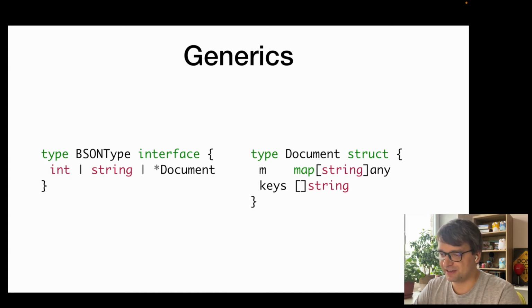The reason for that is that BSON type is a constraint, not just an interface. At one particular moment, that could be only one specific type. For example, I can create a document which contains only integers as values, or only strings as values. But if you want to have documents that contain both of them, I can't use any constraints there. So I have to use any.